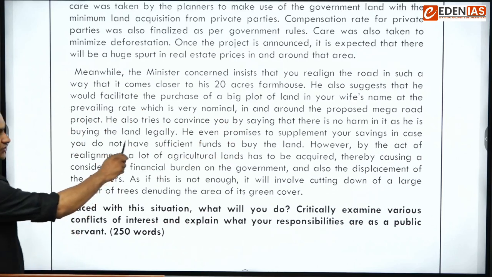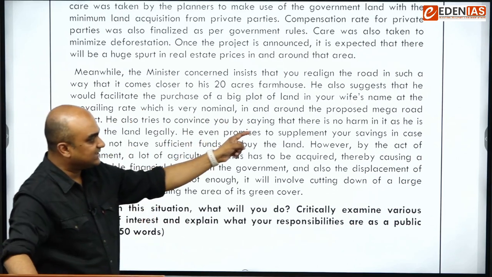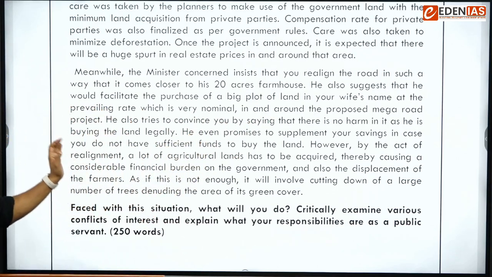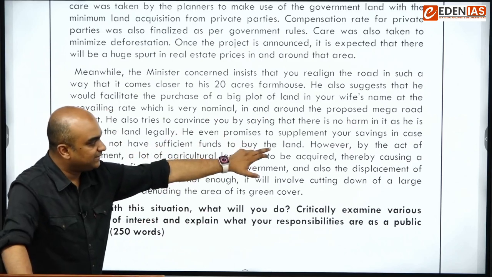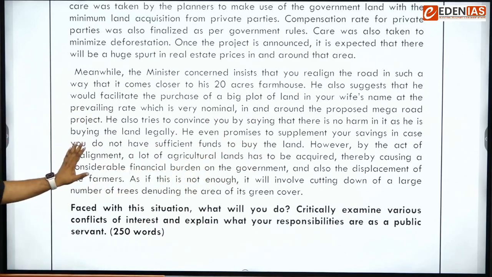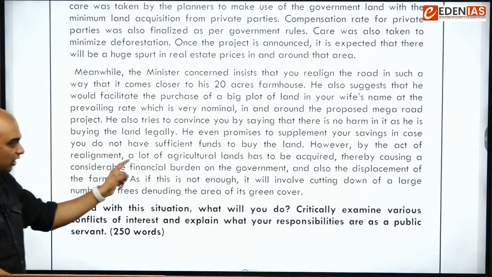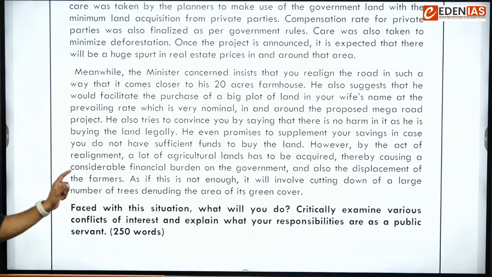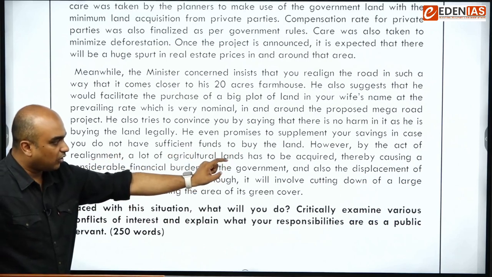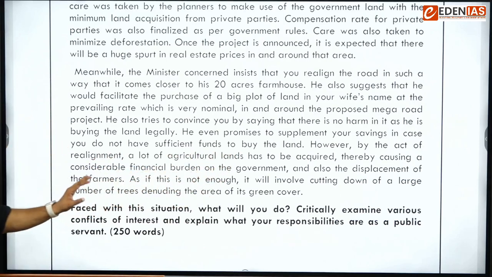He also tries to convince you by saying that there is no harm in it as he is buying the land legally. He even promises to supplement your savings in case you do not have sufficient funds to buy the land. However, by the act of realignment, a lot of agricultural land has to be acquired, thereby causing a considerable financial burden on the government and also the displacement of the farmers.